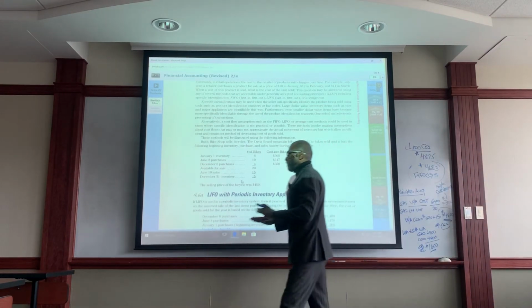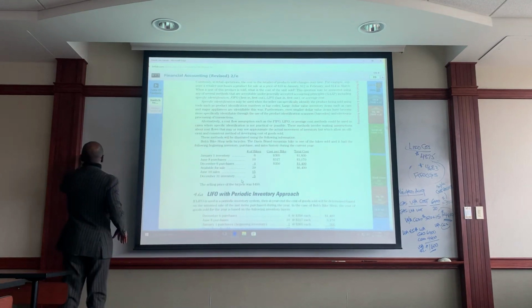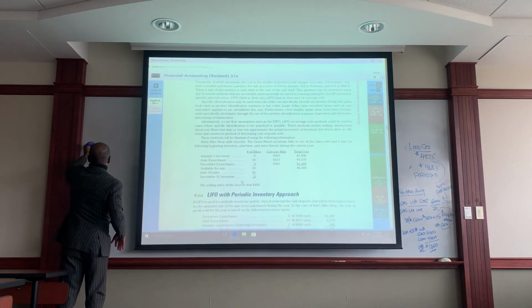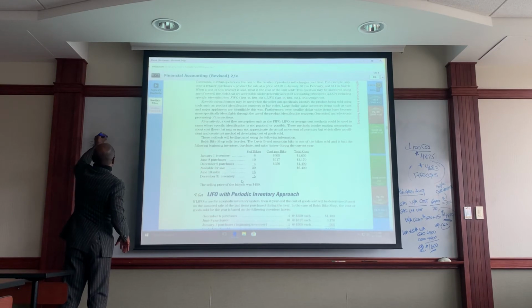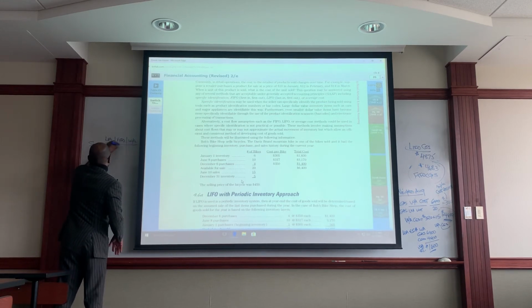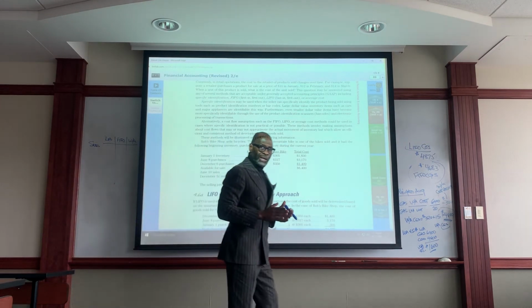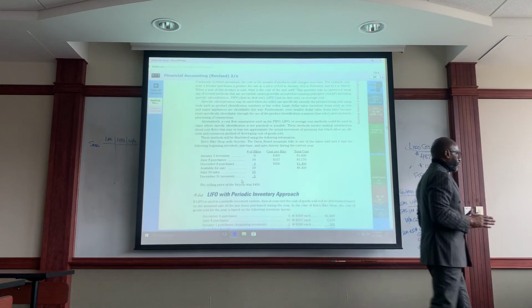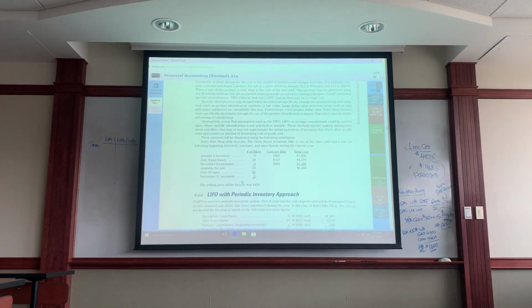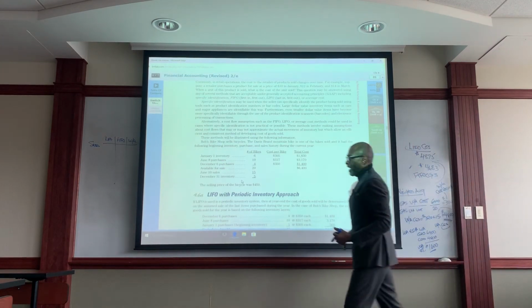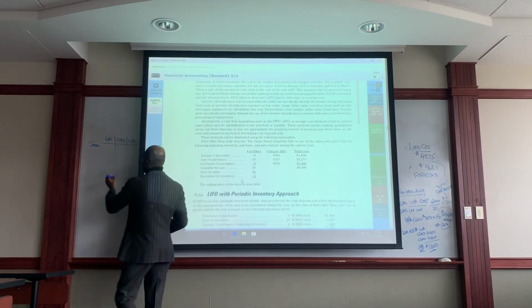Whether I'm using LIFO, FIFO, or weighted average, regardless of the methodology that I use, my sales in dollars is going to be the same. It's going to still be $6,750.